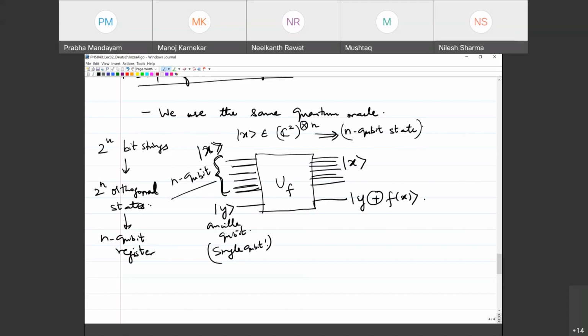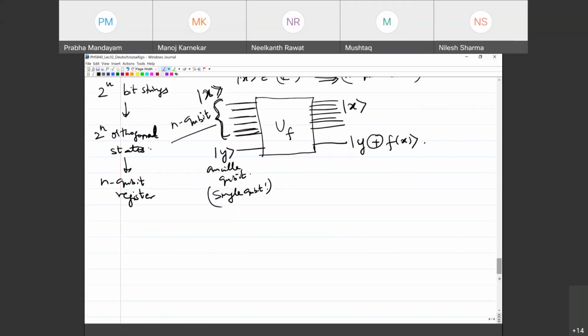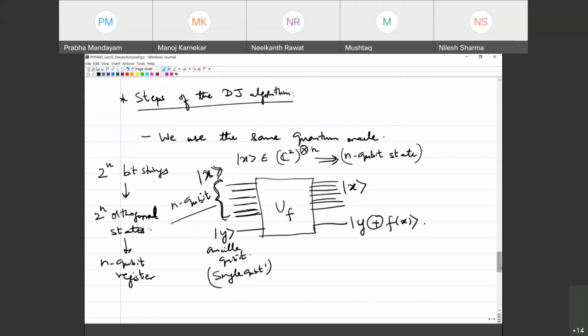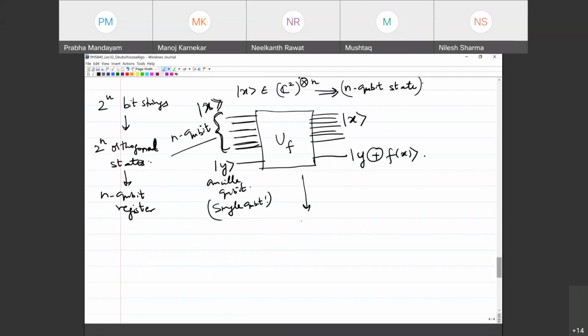Now, once again, remember that all that we've done now is to scale up the oracle, the quantum gate, from being a 2-qubit gate to, what is the dimensionality of this gate? It's a gate on n plus 1 qubits, right? I've just scaled it up to achieve the same functionality.